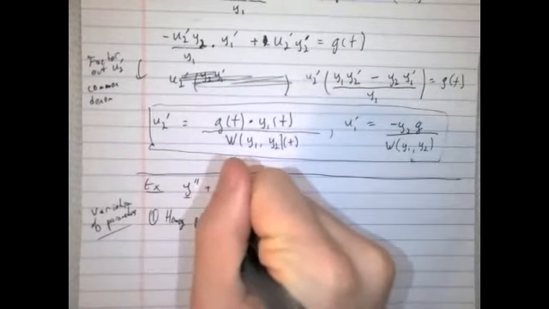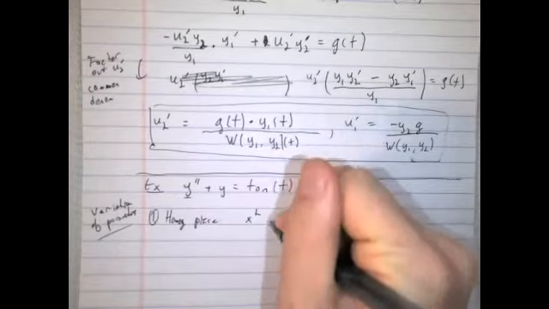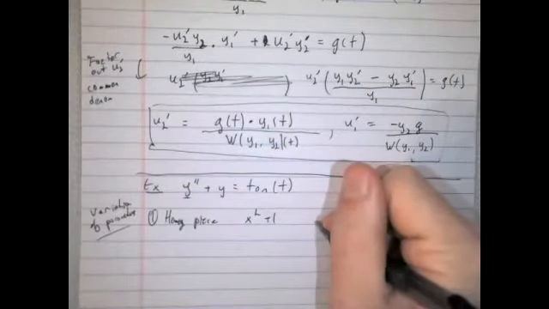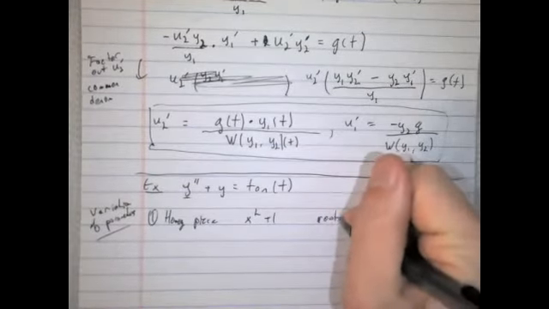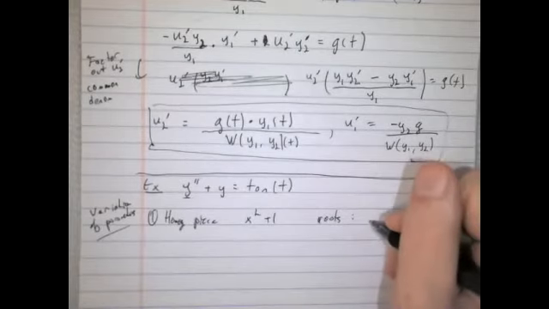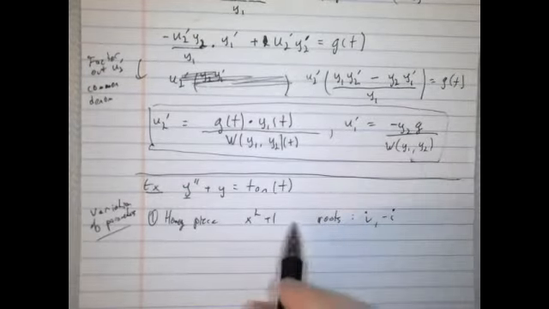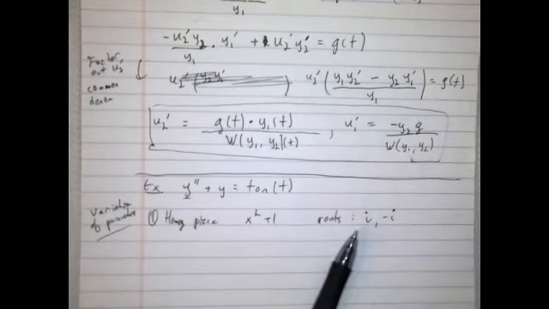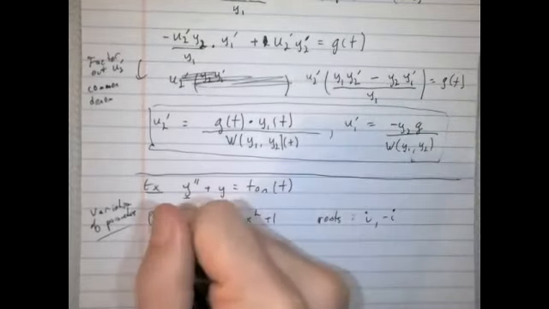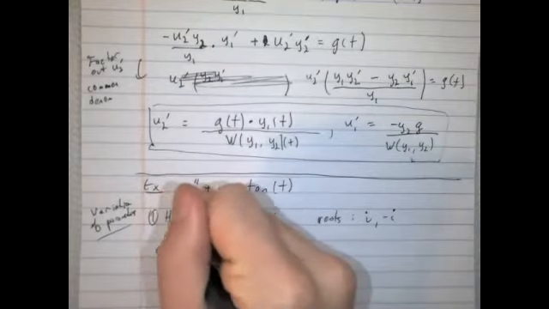R squared plus 1. So the roots are going to be i and negative i. Remember that when I've got complex conjugate roots, I only need to take one. So a solution is e to the it.